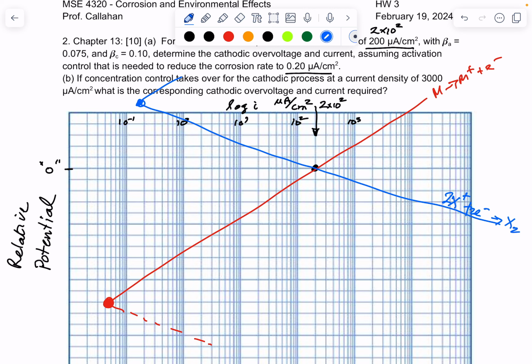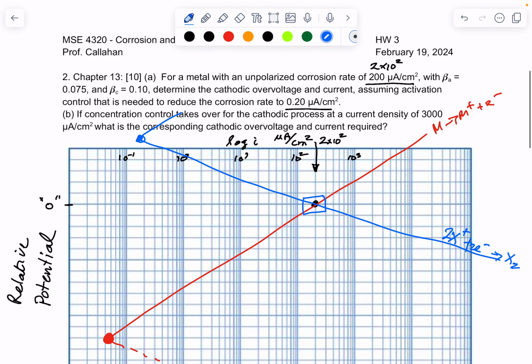But the point I want to bring to your attention is as follows. It's the intersection of that reduction curve, the blue curve, with the oxidation curve, the red curve, that gives us this unpolarized corrosion rate of 2 times 10 to the 2.